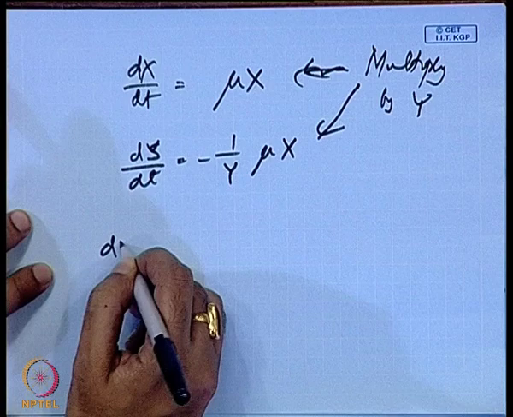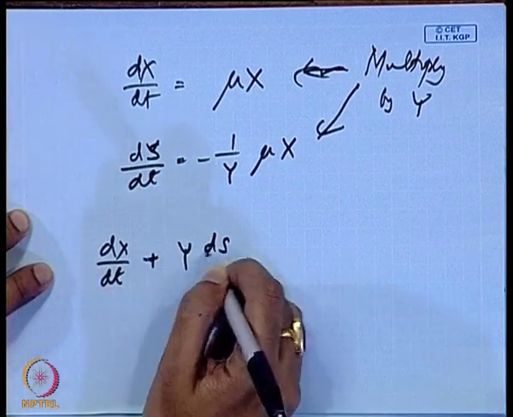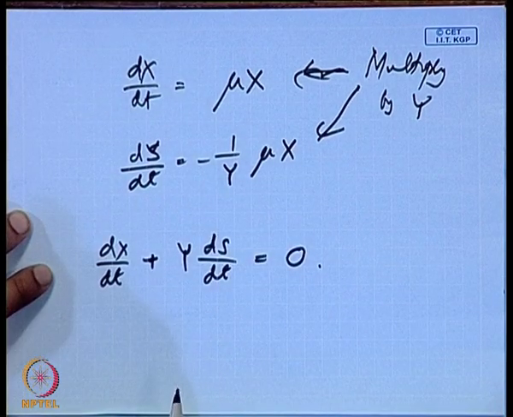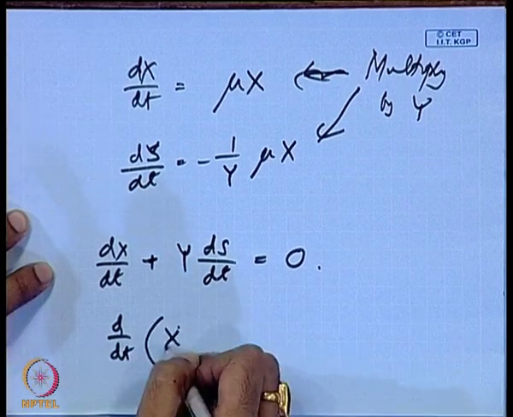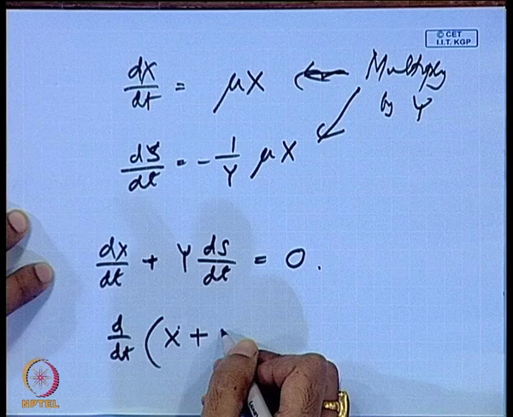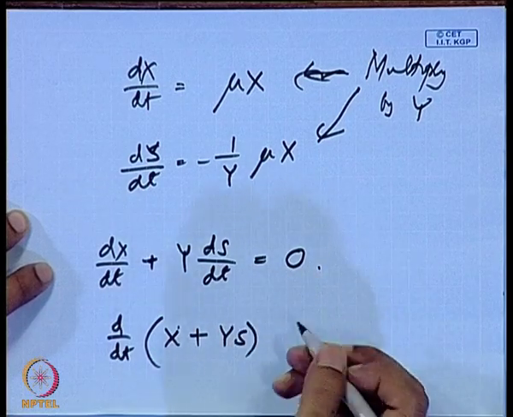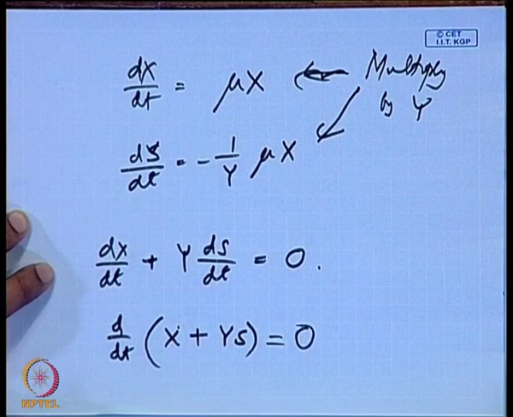Then you get dx/dt plus Y times ds/dt equals 0, Y being a constant. So d/dt of (x plus Y s) equals 0.